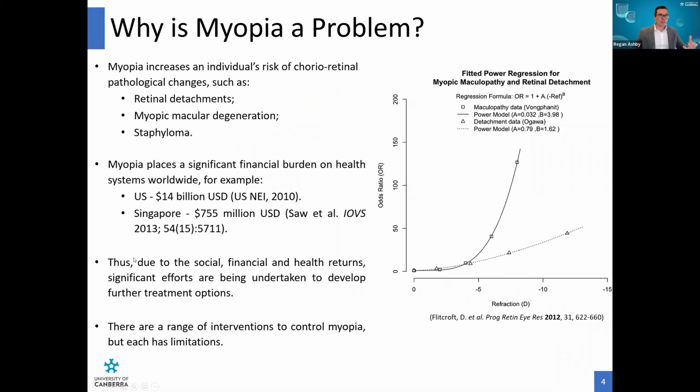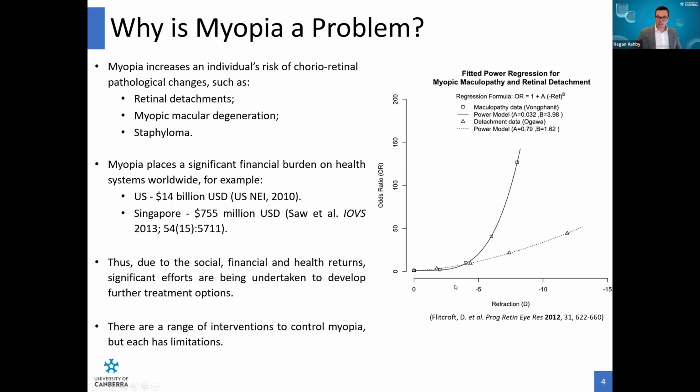That is because myopes are at an increased risk of these chorioretinal pathological changes, which you will all be well aware of, such as retinal detachment, myopic macular degeneration, and staphyloma. And this is best illustrated by this figure here on the right from Flitcroft and colleagues. What you can see here along the x-axis is the progression of myopia, and along the y-axis is the odds ratio of developing either, in this case, a maculopathy or a detachment.